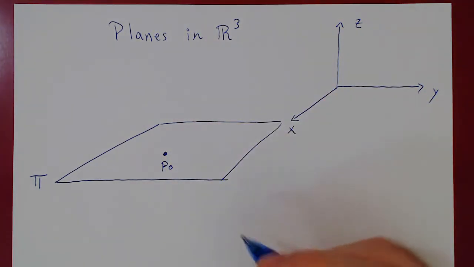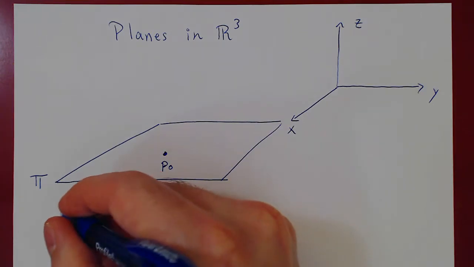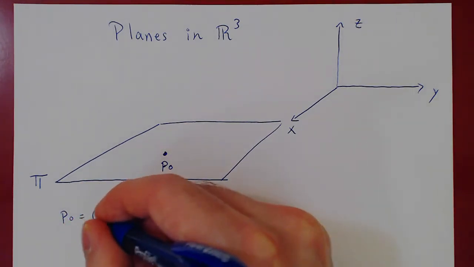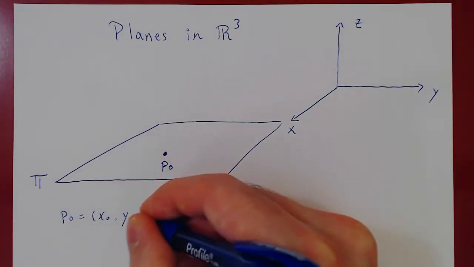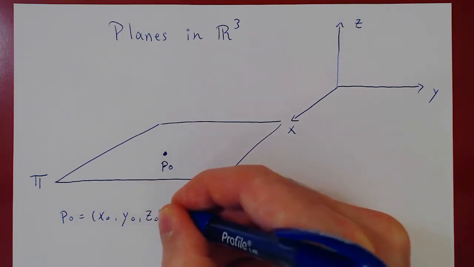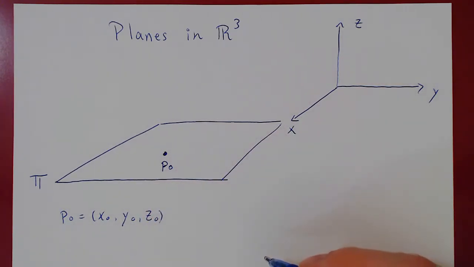So this is a point in three-dimensional space. Suppose it has coordinates x naught, y naught, z naught. And now visualize your sheet of paper, this flat surface. And if you look at your flat surface, there is a unique direction that is perpendicular to your sheet of paper.